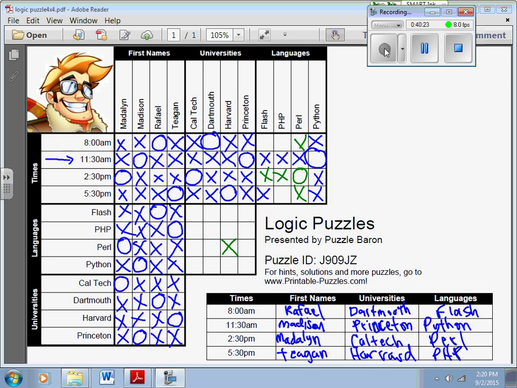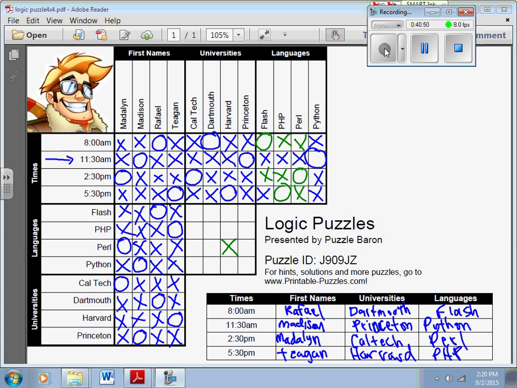I know that Madison is at 11:30. She's the Python and went to Princeton. So Madison at 11:30 went to Princeton and did Python. And you notice right here, I've already got no option there. So this has to be X'd out, which means that has to be filled in. And this can be filled in as well.